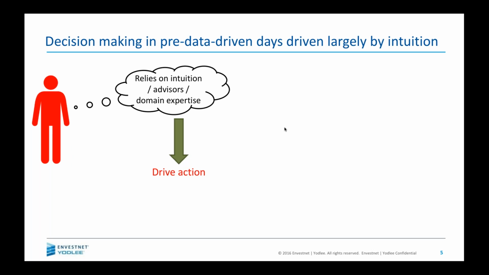So you would rely on the person's intuition, that person's advisors and their intuitions, and also the domain expertise that this group of people had gathered over years of experience, and that was what was highly paid for, right? Based on those insights you would drive a particular action.